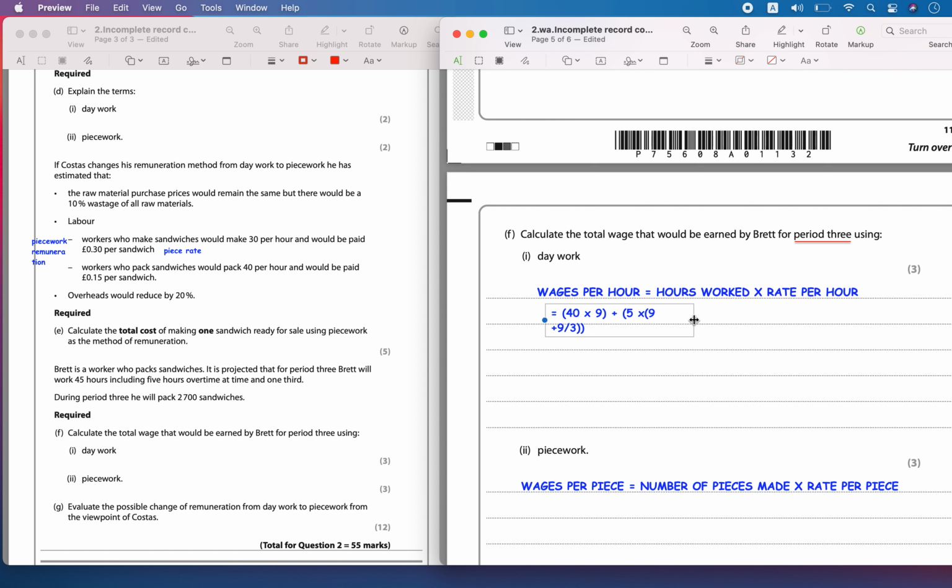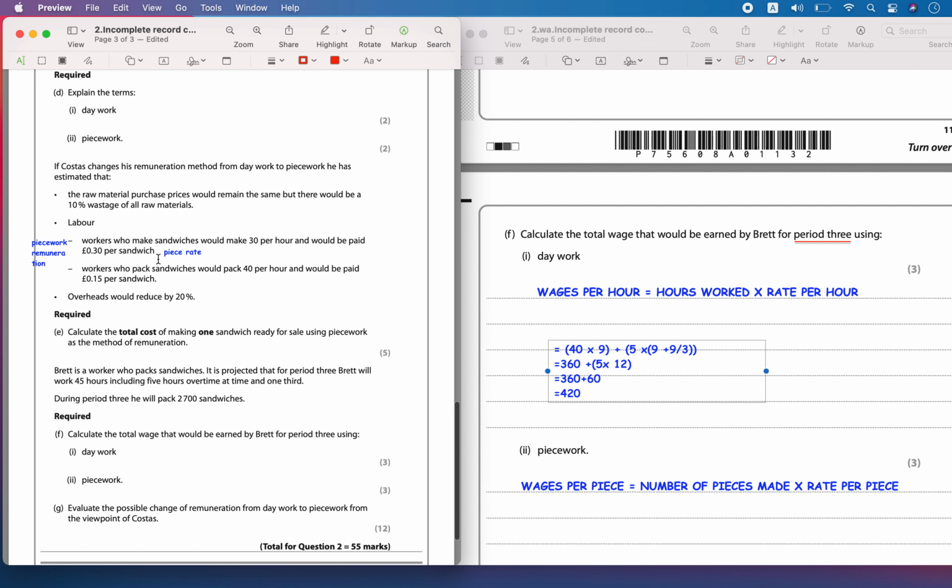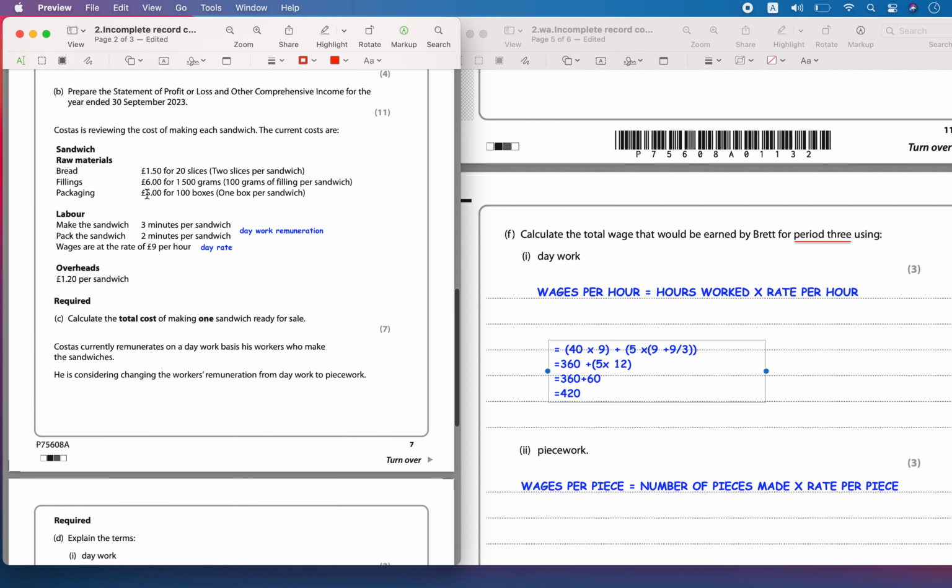So that value is going to be equal to 360 plus 60. Okay, so 5 times 12. So that is equal to 360 plus 60, equal to 420. So he is going to be paid £420.